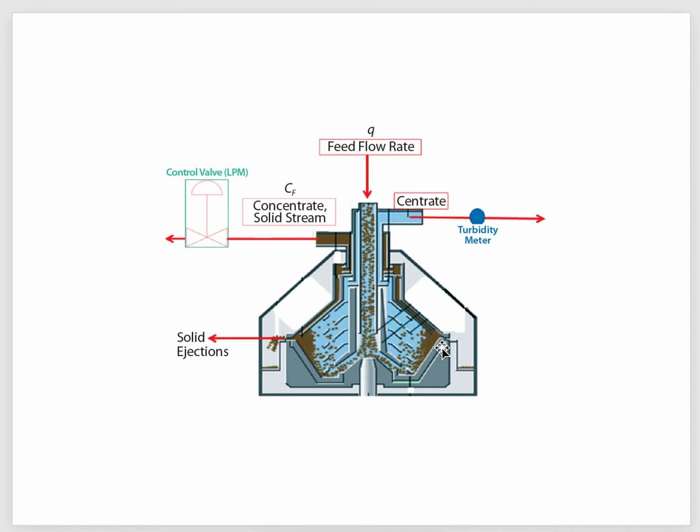So if we try to use the benchtop centrifuge, the centrifuge that we used in the lab, it will not be that efficient or convenient for the industry, right? Because if we want to use that kind of centrifugation machine, we have to centrifuge in a batch way.